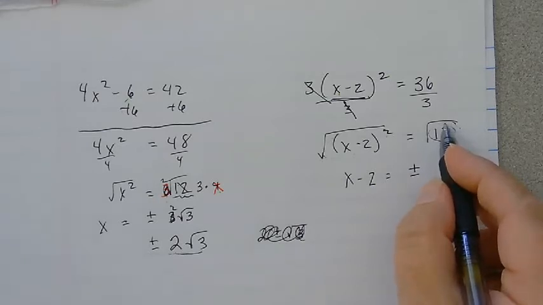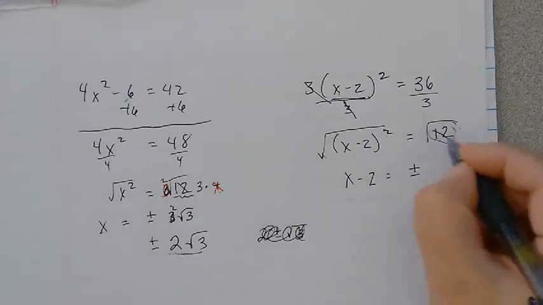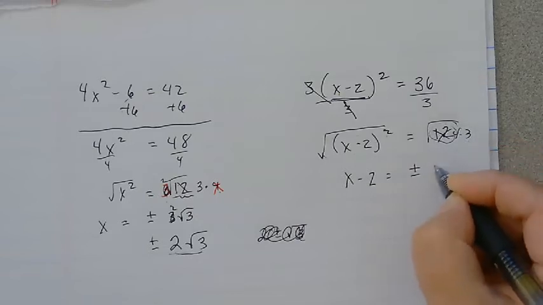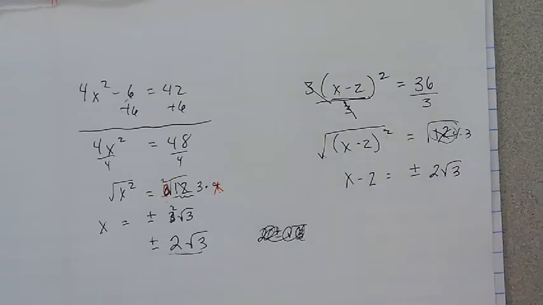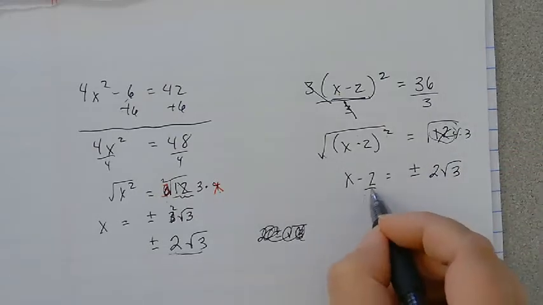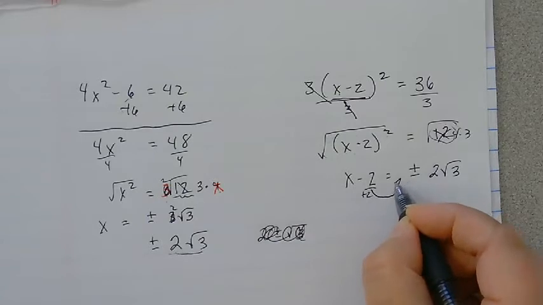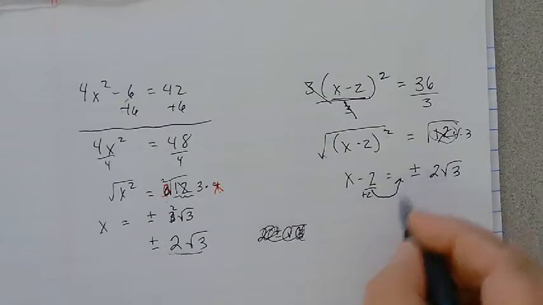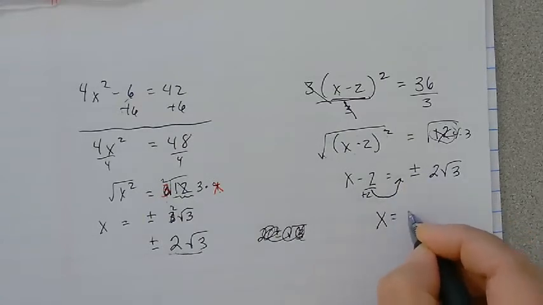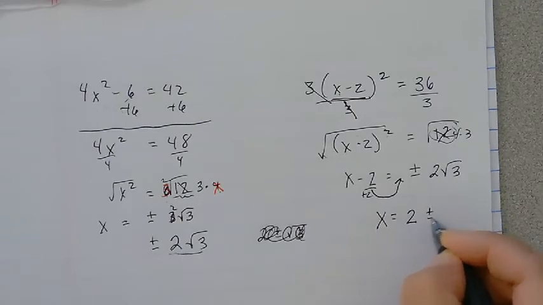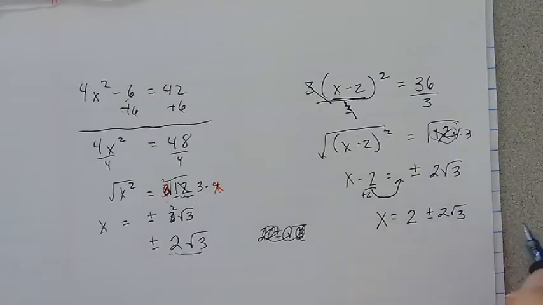And we just saw over here that 12 is 4 times 3, so it's 2 square root 3. So now I have to get rid of this by adding 2 to both sides. Now watch where I add the 2. I'm going to put the 2 directly in front of the plus or minus. So I get x equals positive 2 plus or minus 2 square root 3.